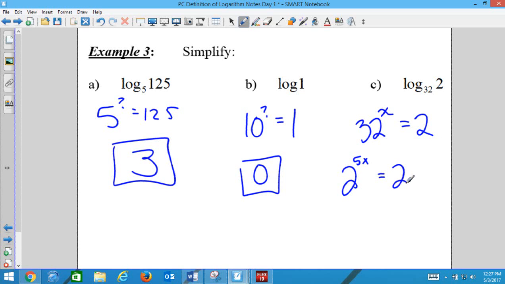And then this side is 2 to the 1st. So since I have the same base on both sides, what do I do to my exponent? So 1/5 is our final answer for that one. 32 to the 1/5. The 5th root of 32 is 2. So you might not always need it, but sometimes it is helpful to make the bases the same on both sides.